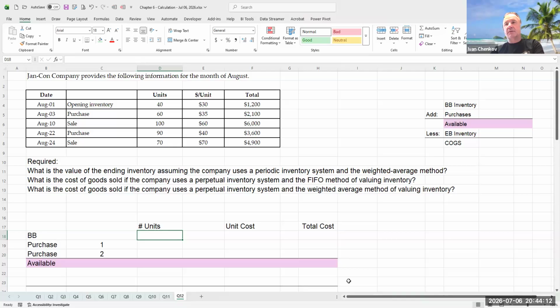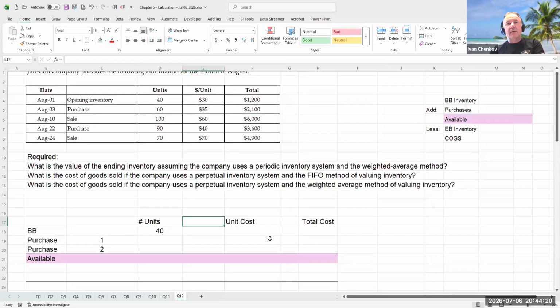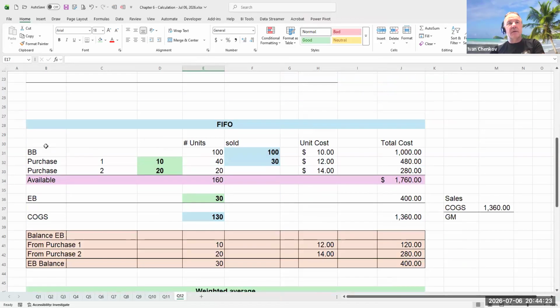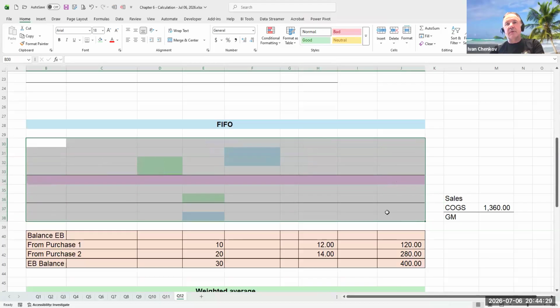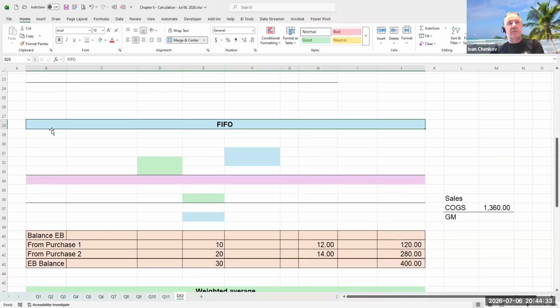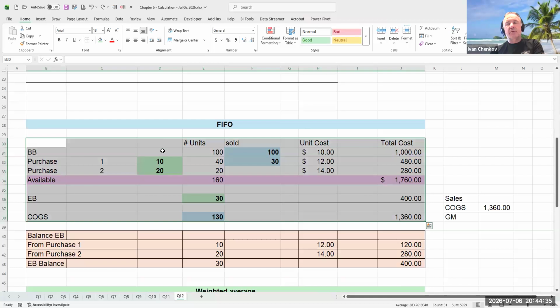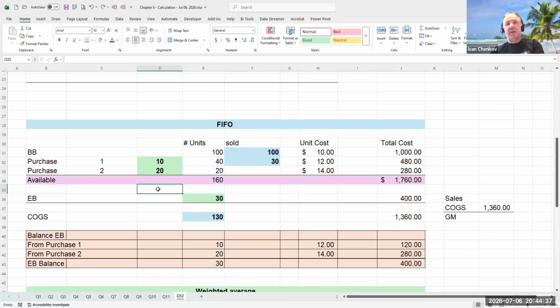Our beginning balance is 40 units. Hold on a second. Let me save this one and give it to you, correct? And then we can work together. Let's delete this one. We're going to add a new one. Or do you want me to leave this information? You just update it.